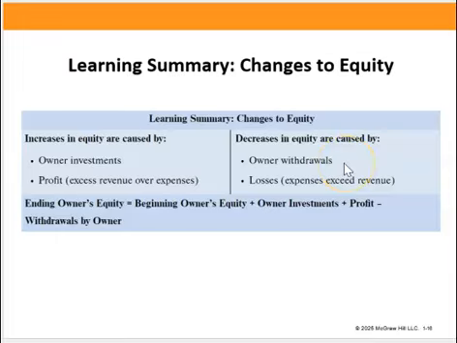Because remember, in a sole proprietorship, that's how the owner gets money out of the organization. They're not allowed to take it as a wage expense. They do it as withdrawals. But another way that the equity decreases is if instead of a profit from our income statement, we incur a loss.